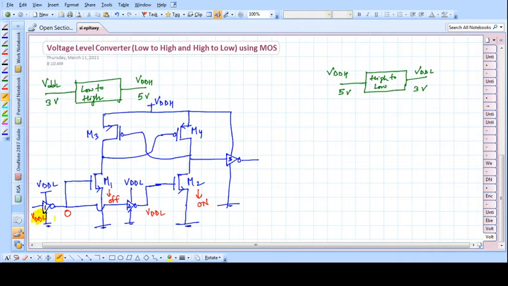Once again I am repeating the same concept. When we are giving VDD-L as input to the first inverter, the output of the first inverter is 0 and the output of the other inverter is VDD-L.